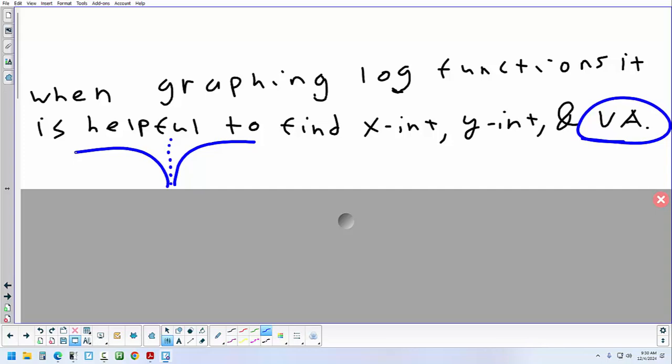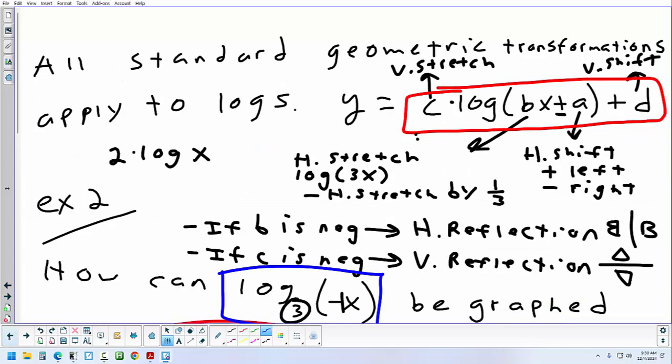All right, so let's go back to our diagram for a second. The vertical asymptote is a line that goes up and down forever. If you take a line that goes up and down forever and shift it up 2 units, what would it look like?